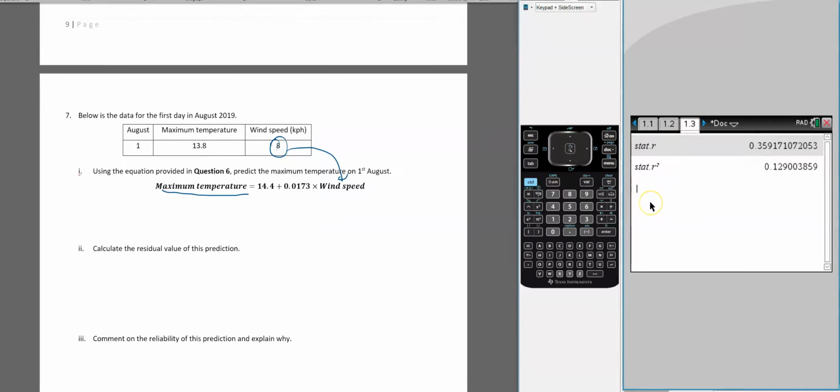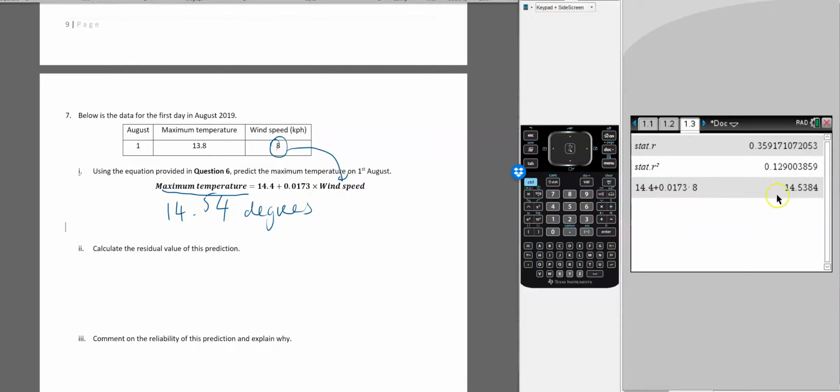So we get 14.4 plus 0.0173 times whatever we plug in, which was 8. And we get 14.54 degrees.